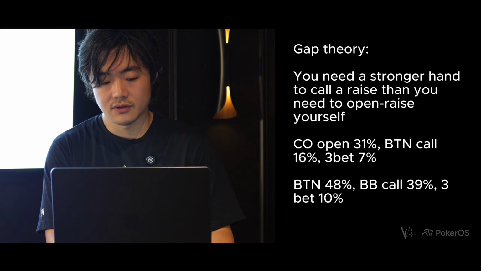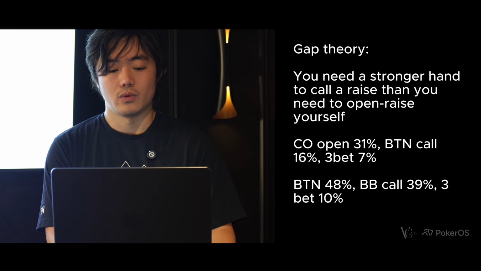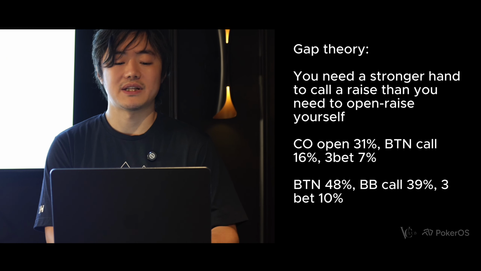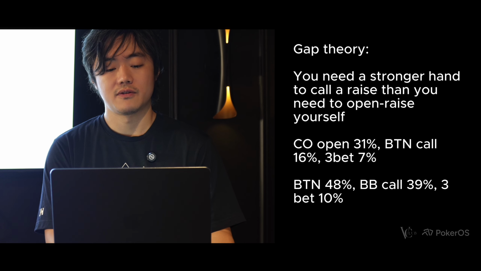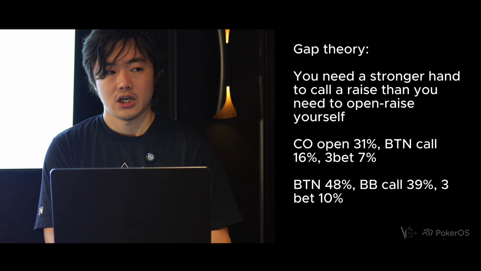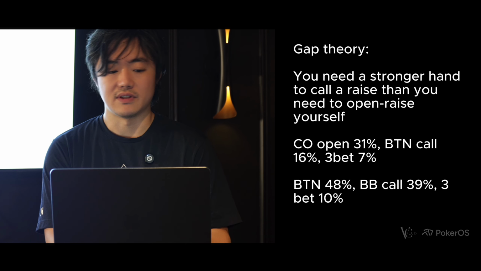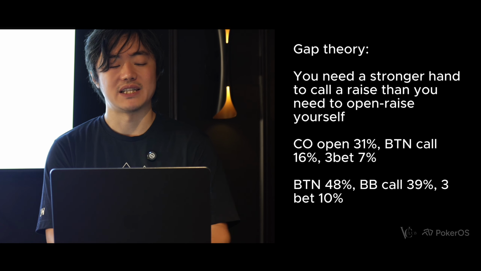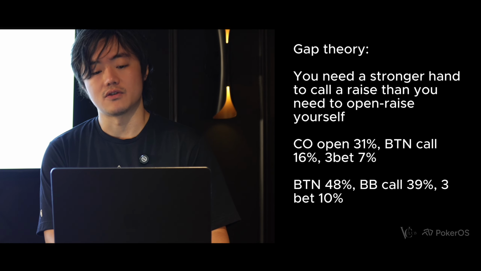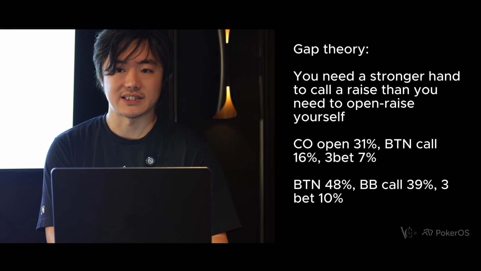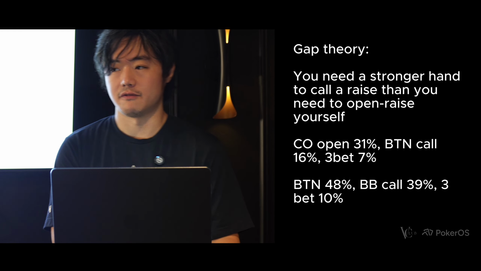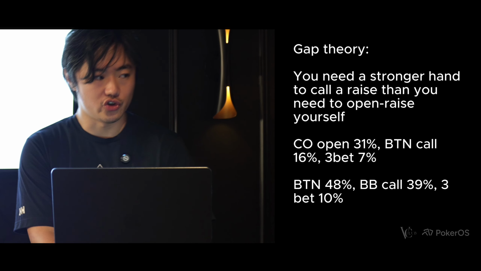As a consequence, when the button cold calls, the button will both have a stronger range and have position. So in this kind of cutoff-versus-button single raised spot, if the button is playing properly, the button has a massive advantage. This also results in GTO, most of the time, the cutoff just checking the flop with their entire range.